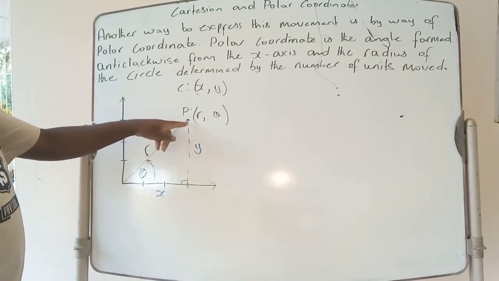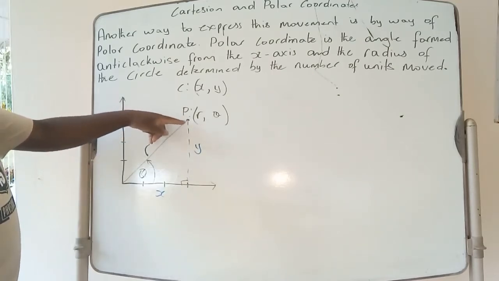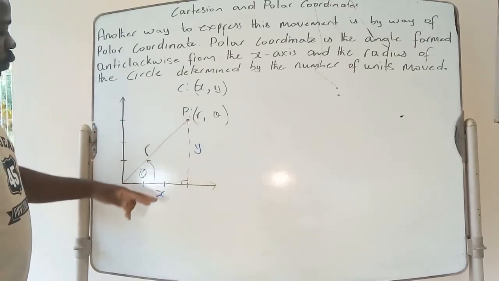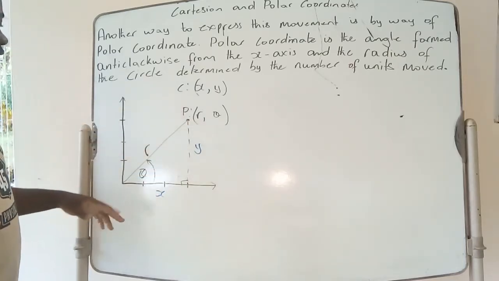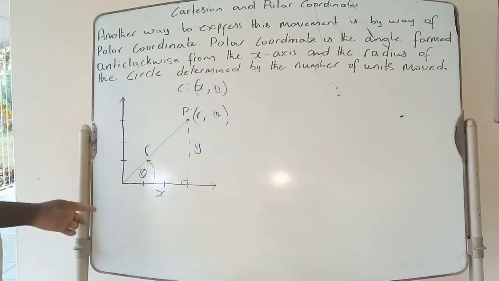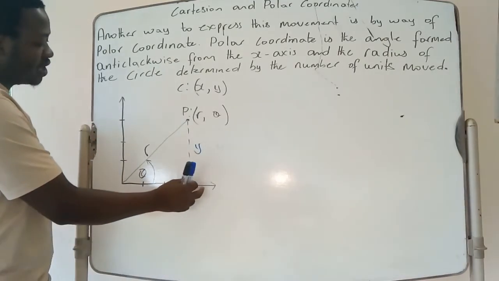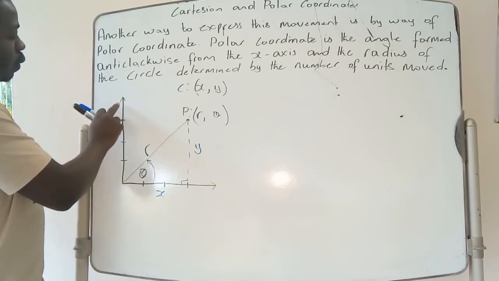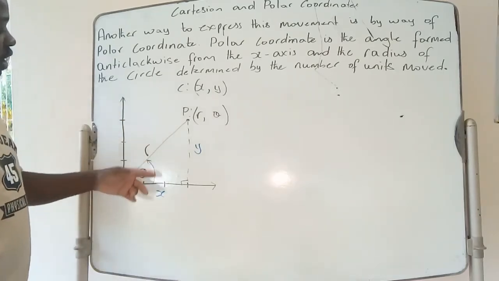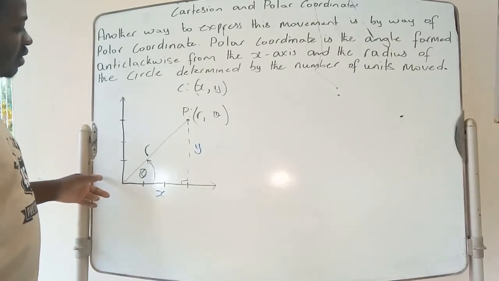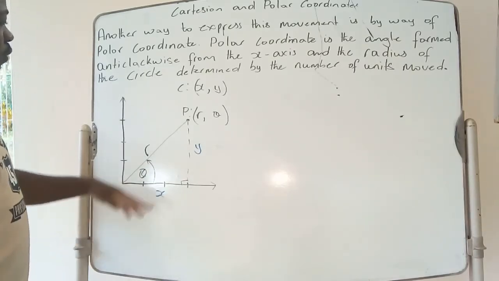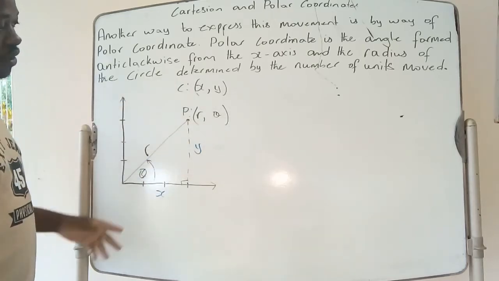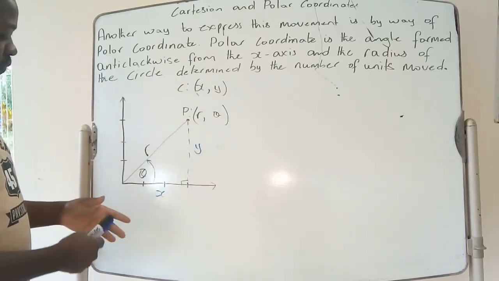But if I rotate this distance r, this point around, x and y will change based on the quadrant that they are in, because you note that this is the positive x-axis and this is also the positive y-axis. But you also have a negative x-axis and a negative y-axis. So based on where the point is, these x and y values will change. Just a point to note.